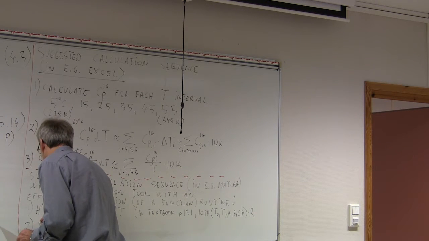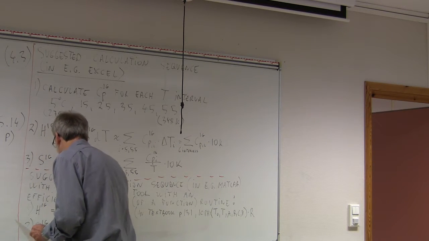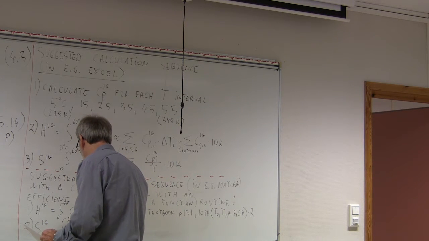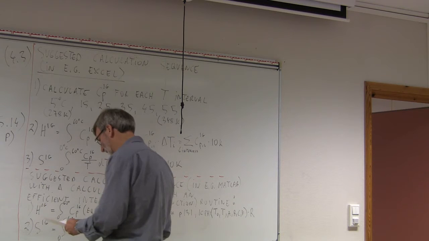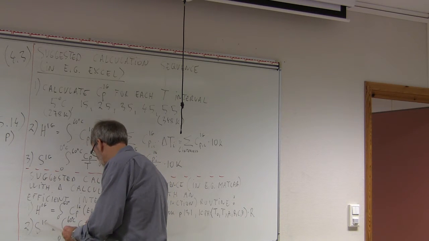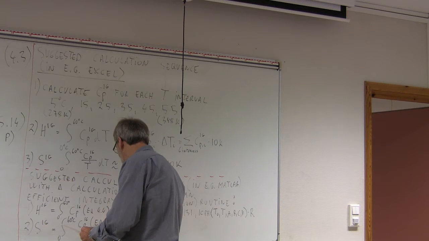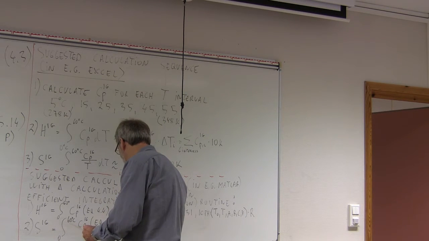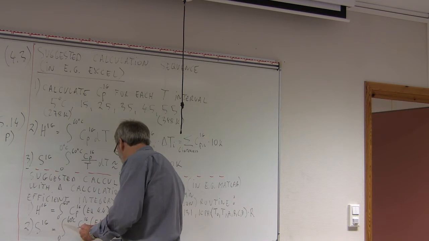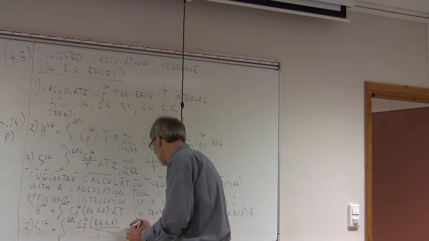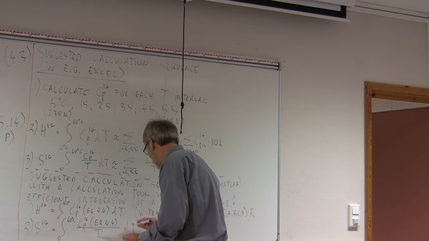And then, similarly, we can calculate the ideal gas entropy by a function calculating equation 4.4, and we divide with the temperature dT.